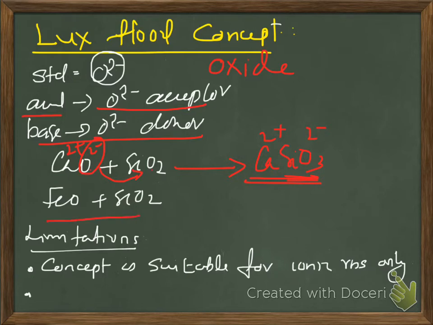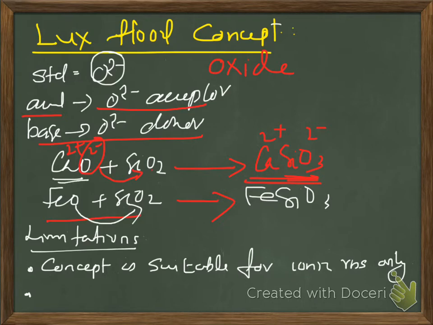In the extraction of copper metal, you have seen an equation like this, FeO. This O2 minus is transferred to here, and we will get FeSiO3. So calcium oxide CaO is an oxide ion donor.